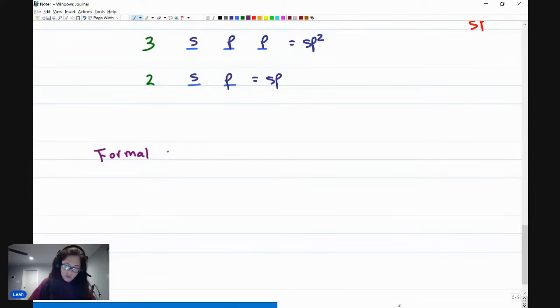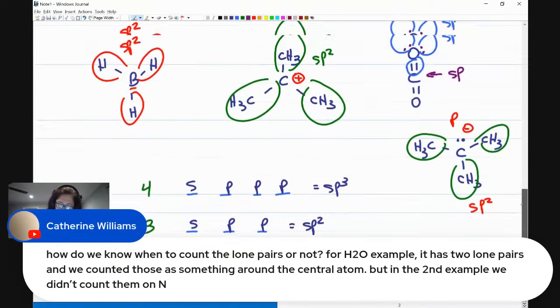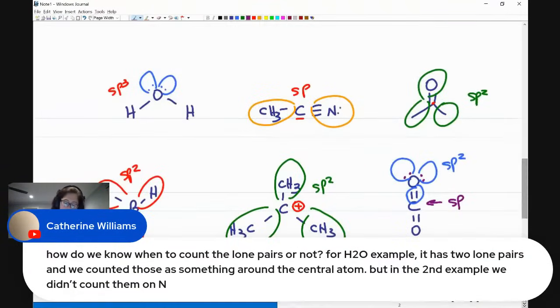Question, how do we know to count the lone pairs or not? In H2O, for example, it has 2 lone pairs, and we counted those as something around the central atom. In the second example, you didn't count them on the N. Let me clarify. In the second example, I didn't look at the N. I looked at the C. But if I want to find the hybridization for the nitrogen, I would also count the lone pairs.